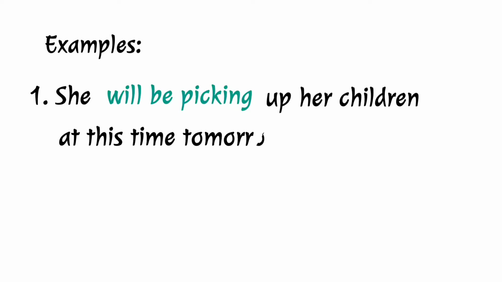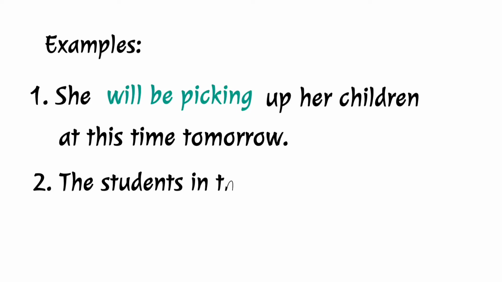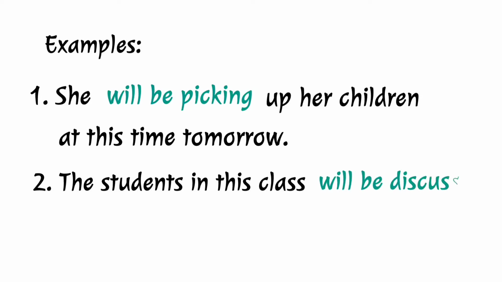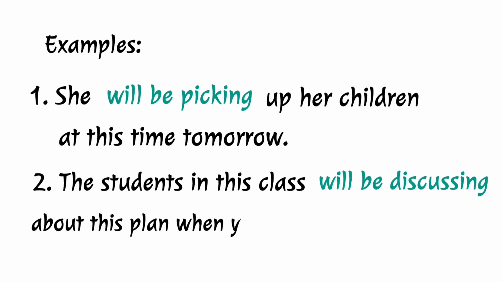She will be picking up her children at this time tomorrow. So at this time tomorrow, she will be doing something, picking up. Example number 2, we have the students in this class will be discussing. So the verb here is will be discussing. Okay, and then next, about the plan when you come tomorrow.